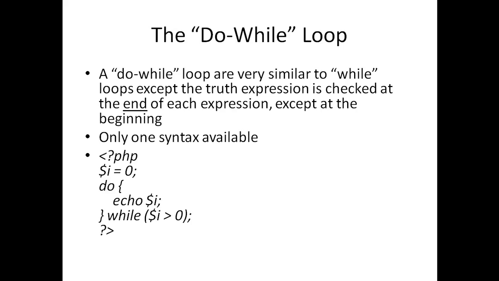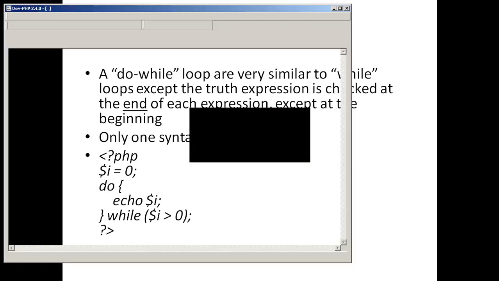Okay, so basically, there's one syntax. You can set $i equals 0. You can do something like do echo $i, and then at the end, while $i is greater than 0. Basically, $i is not greater than 0 initially, but it should be incremented. I'm actually rather surprised there's no increment in here. That doesn't seem to work.